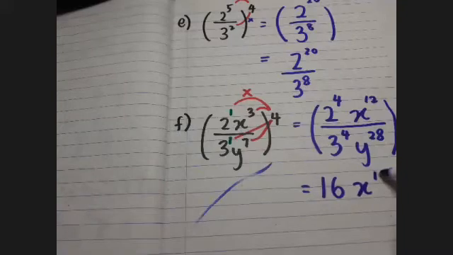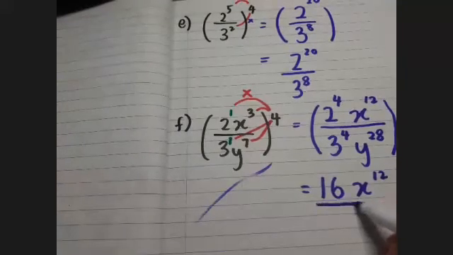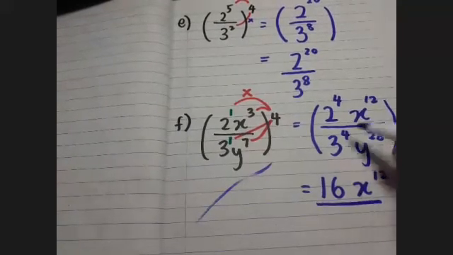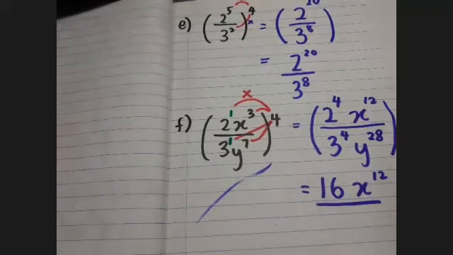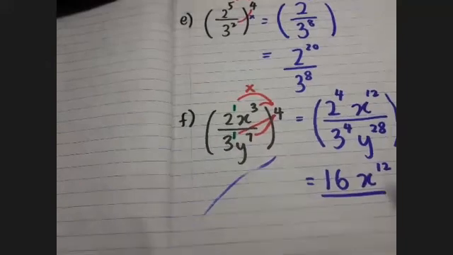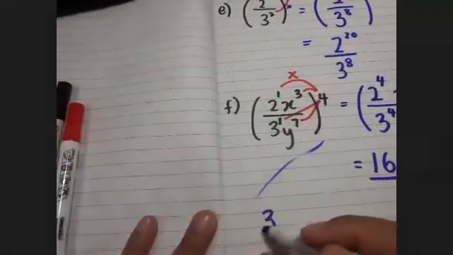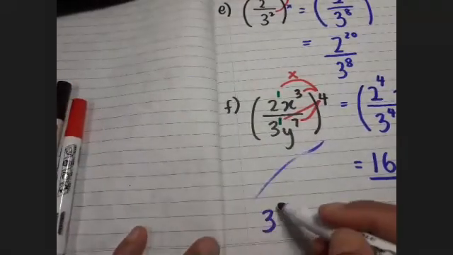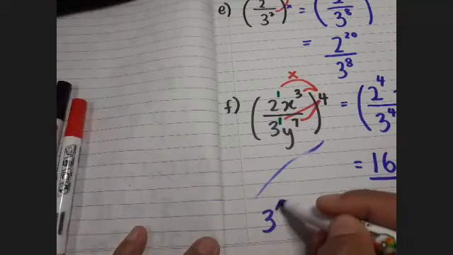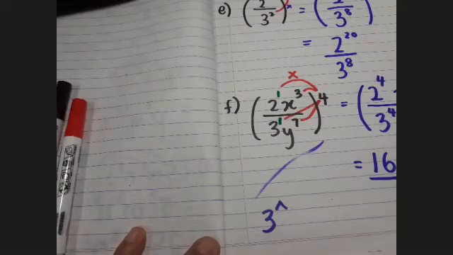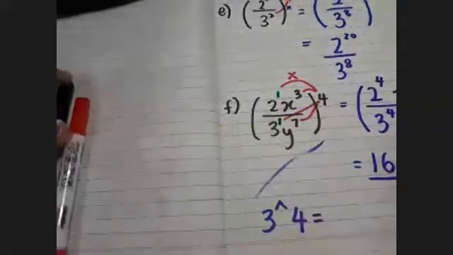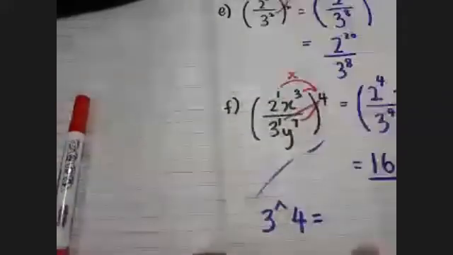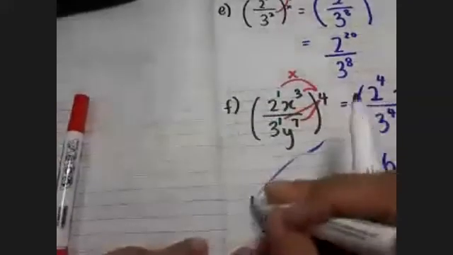X power of 12. Over 3 power of 4. Okay, you can use your calculator. If you use calculator, you press 3 and you find this hat symbol. Then you press 4. Then you press equal. Okay, for calculator.